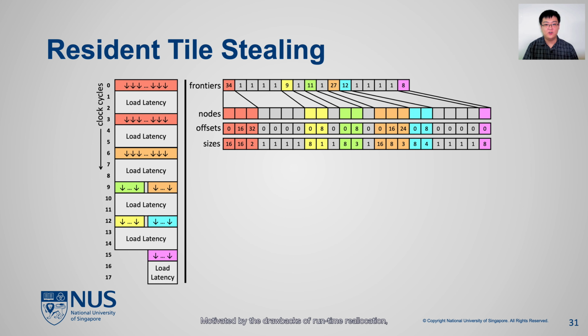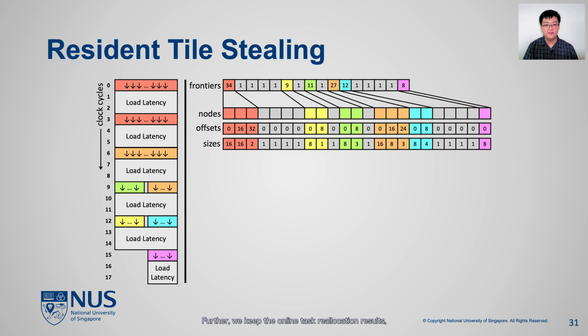Motivated by the drawbacks of runtime reallocation, we propose to keep the thread arrangement in the GPU's device memory to avoid repeated dynamic scheduling and achieve more effective work stealing. In particular, we adopt a hybrid strategy. That is, when consuming the frontier array and expanding the corresponding out-degrees in a multi-threaded manner, we employ tiled partitioning to split the long out-degree array into tiled partitions with a specific size, suitable to the configuration of the GPU thread group.